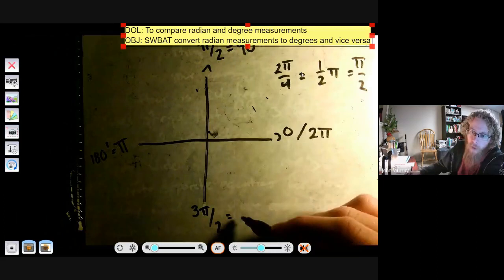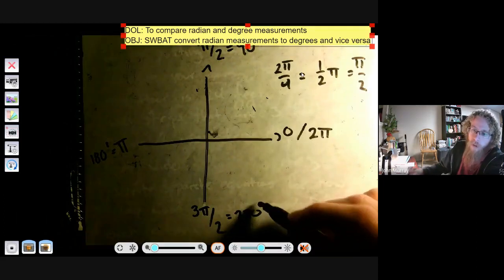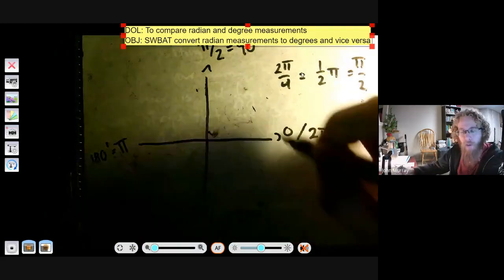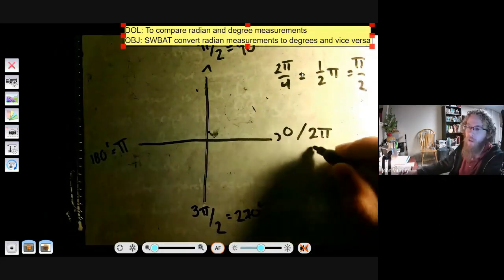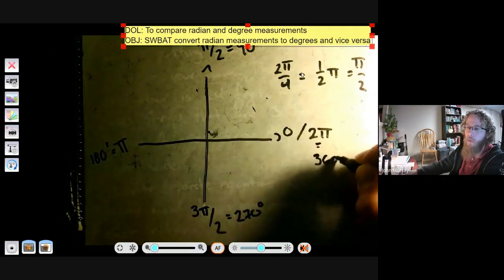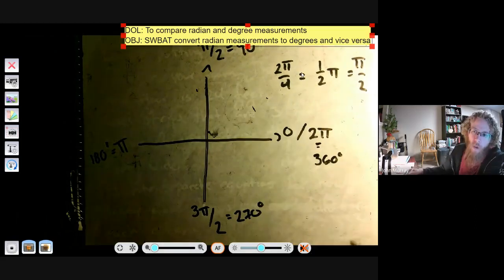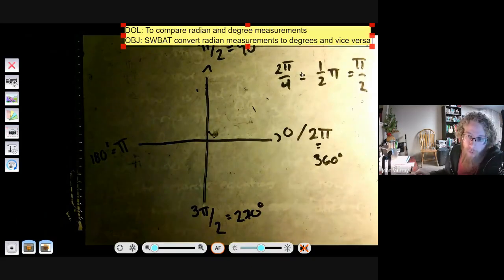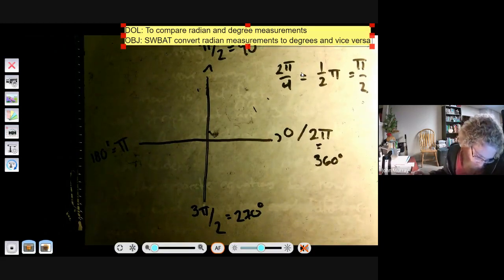Plus pi over 2 is 3 pi over 2, which is 270 degrees. Now when we make the full rotation, we said that was 360 degrees or 2 pi radians. So when we come full circle, pun intended, we reach that 2 pi or 360 degrees.